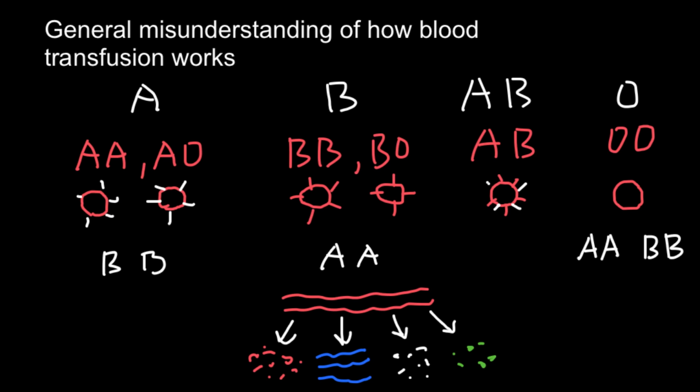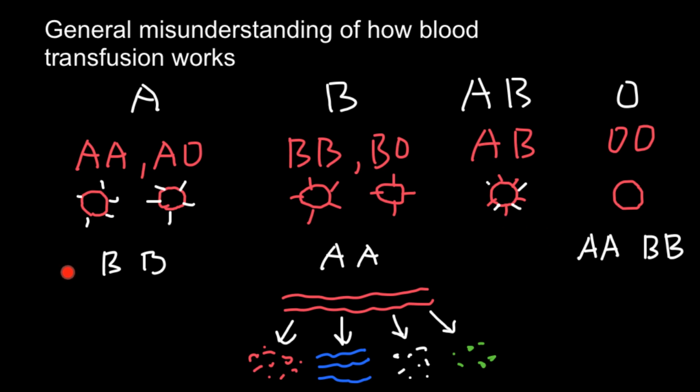Once again, before I finish, now you know that people who belong to the blood group O would be considered universal donors of the red blood cells. They can give red blood cells to any other blood group, but at the same time these people would be considered universal recipients of the plasma.